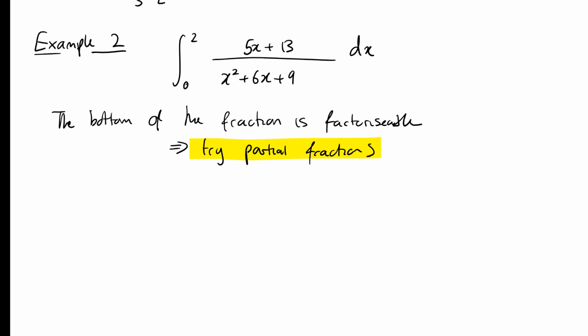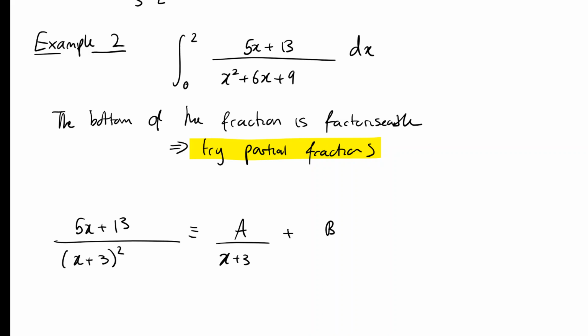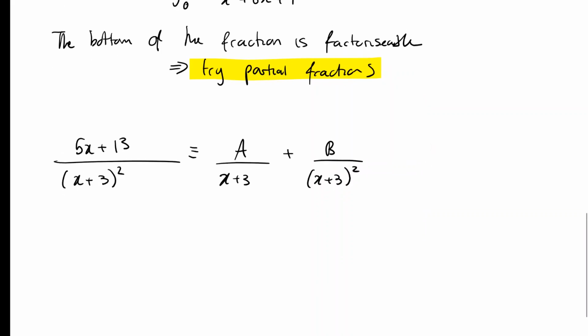So when the bottom is factorized, we get 5x plus 13 over x plus 3 squared. This can be expressed using partial fractions as a over x plus 3 plus b over x plus 3 squared.